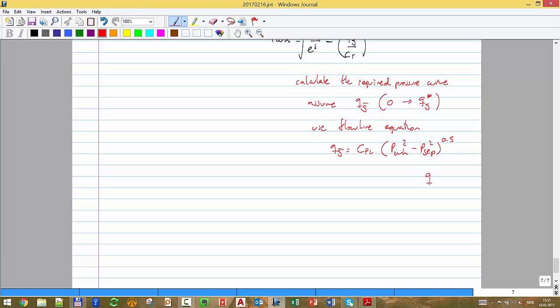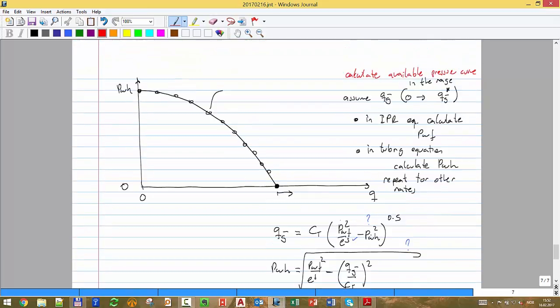Then it says that P wellhead is equal to the square root of P sep squared plus Q over CFL squared, right? Yes? Okay. And that's how I obtain the required pressure curve. And the intersection is going to be my equilibrium point. Right?